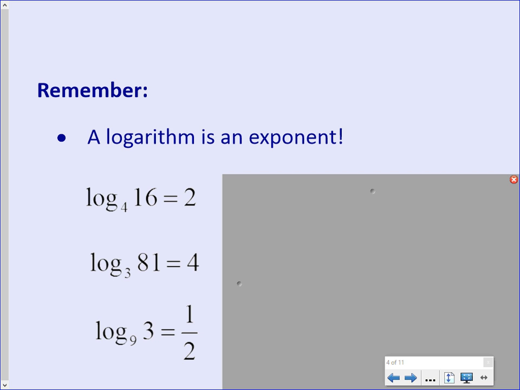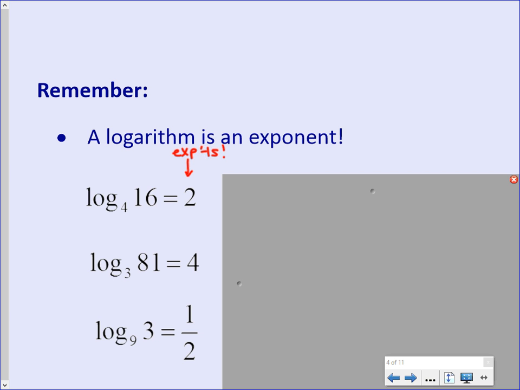Log statements include a base, that's the subscripted number, and then some other number that you're taking the log of. The answer to the log is the exponent, so on the other side, all of these numbers in this column, these are exponents.